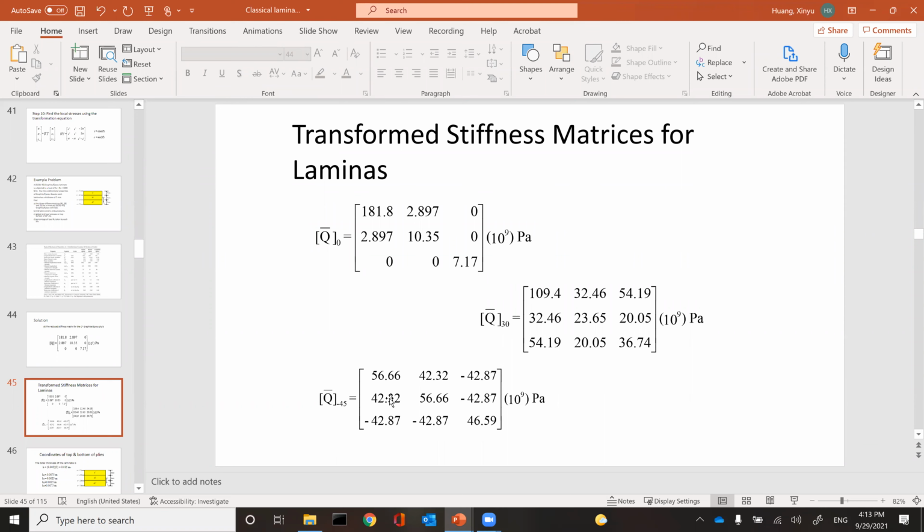Now, do you know the difference between minus 45 and plus 45? Is there any difference? Which one is plus, which one minus? If you're given a layup, which one do you call plus, which one do you call minus?